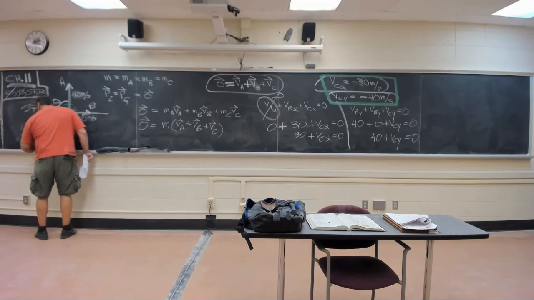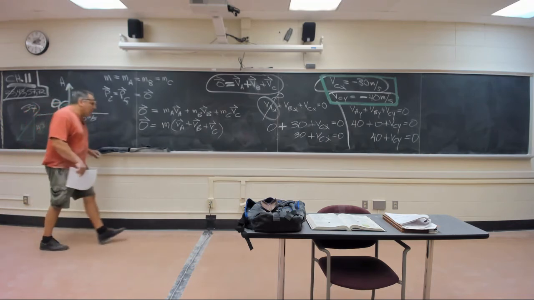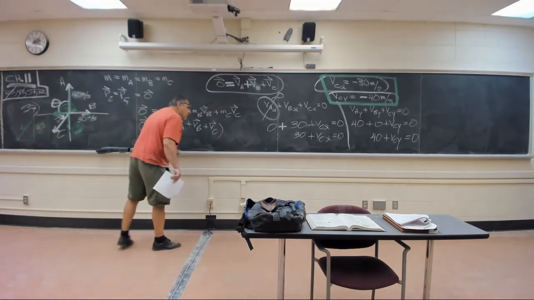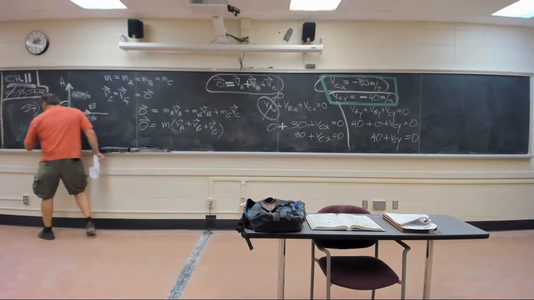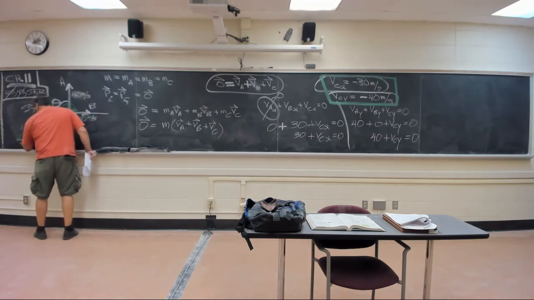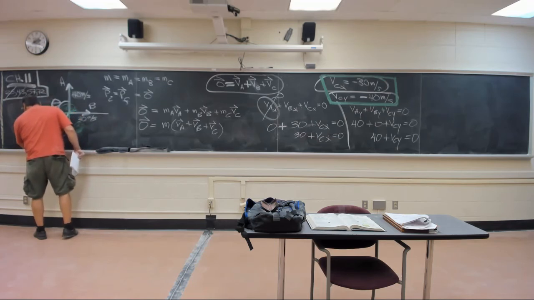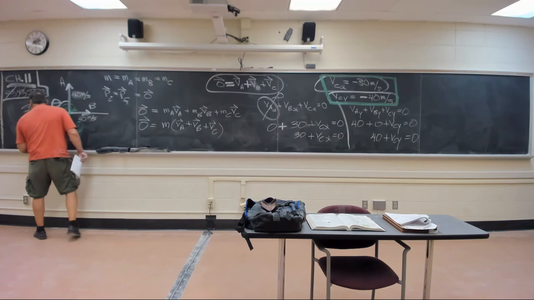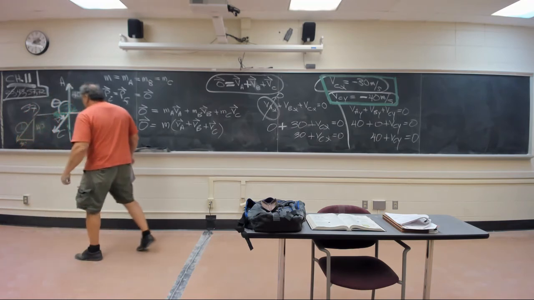And this one right here, I know it's negative 30. What do you say I just call it 30? I've got this, I've got this, and I've got this one to find.